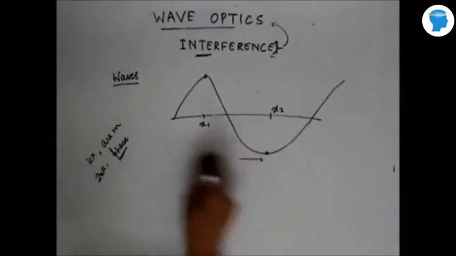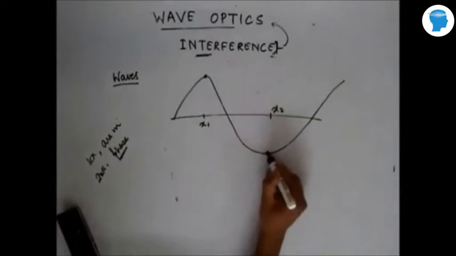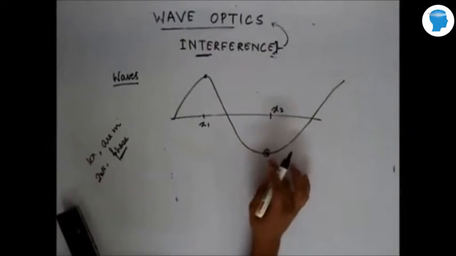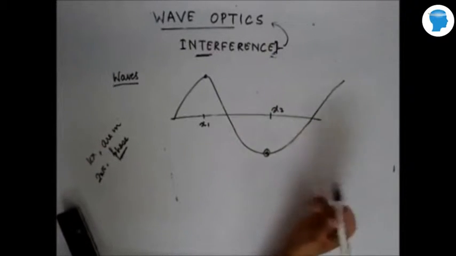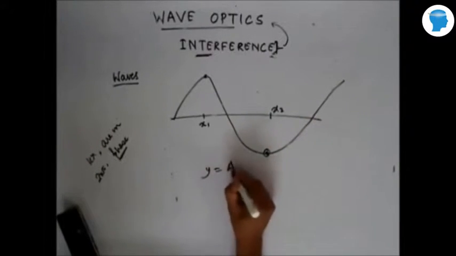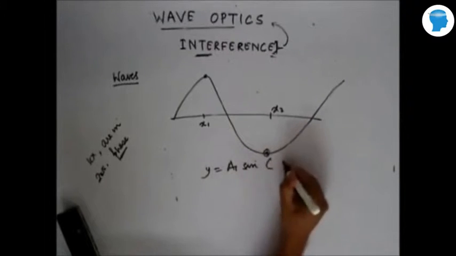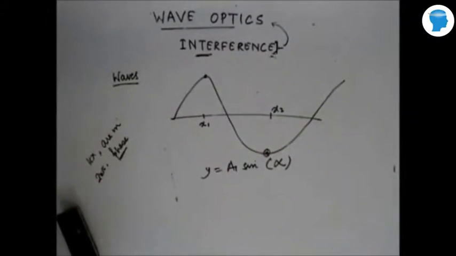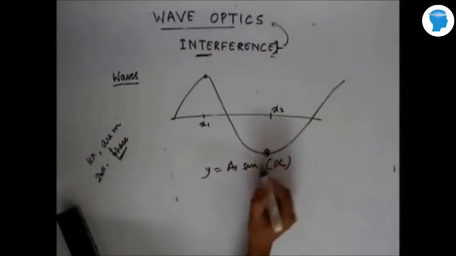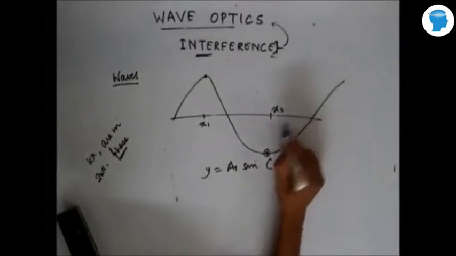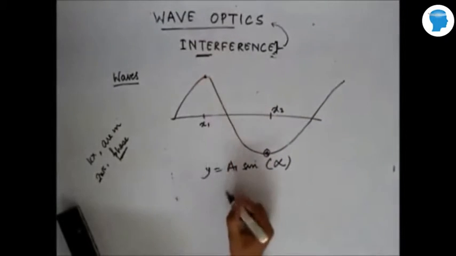Now to reach this position, how much addition in phase should I do? You know that y is equal to y1 sine of, at x1, the angle was alpha. Now you see that this displacement in the y direction is just the negative of this displacement.